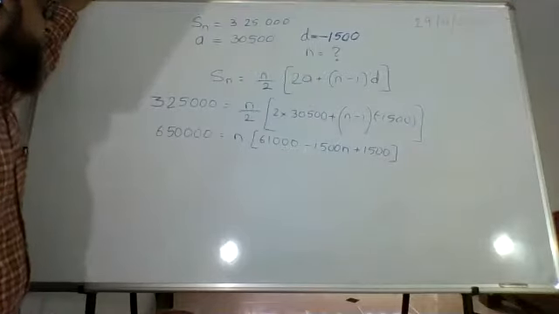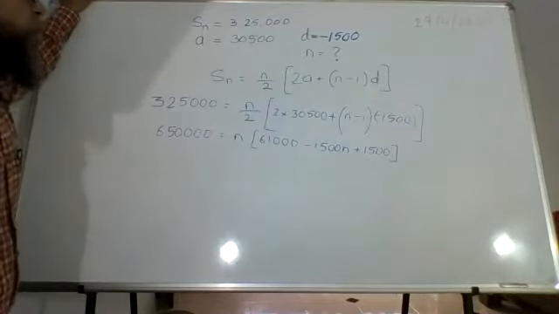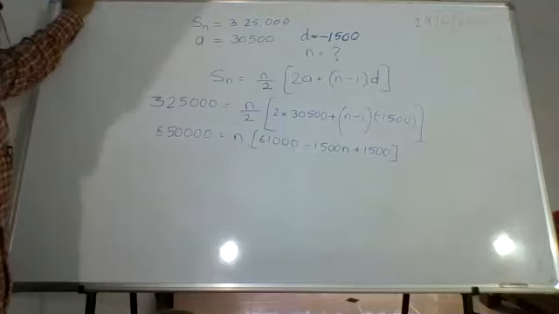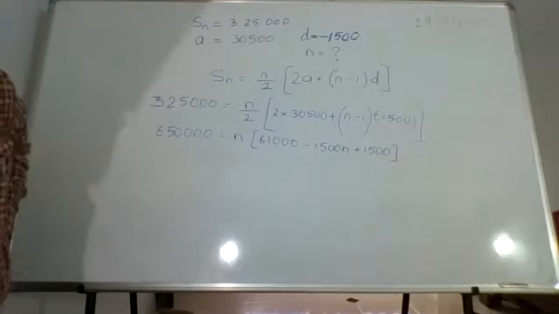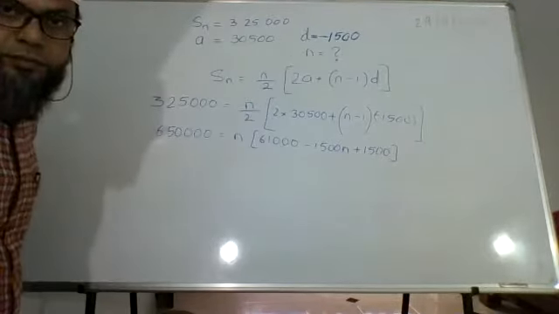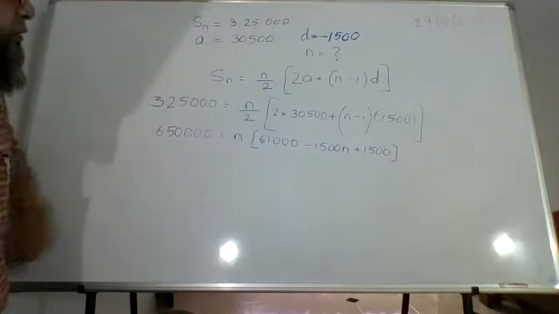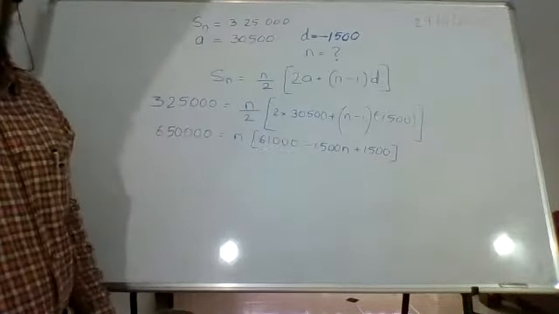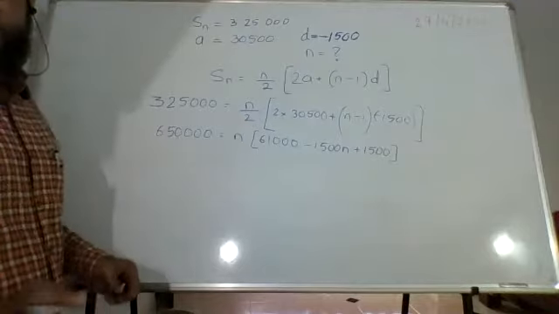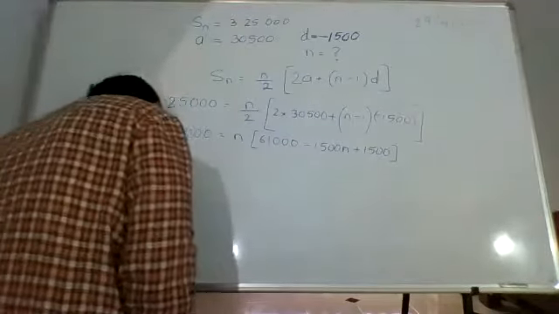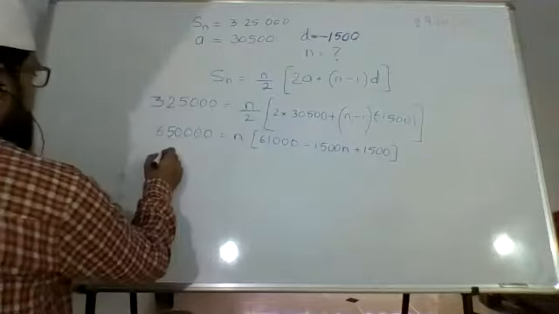So 6,50,000 equals n into bracket 61,000 minus 1,500 n plus 1,500. Now we're going to simplify this. This becomes a quadratic equation. That's another chapter that we are going to see, but right now let's solve this.